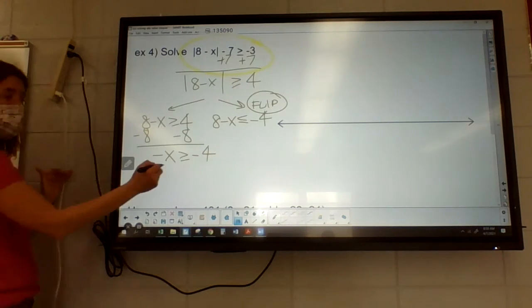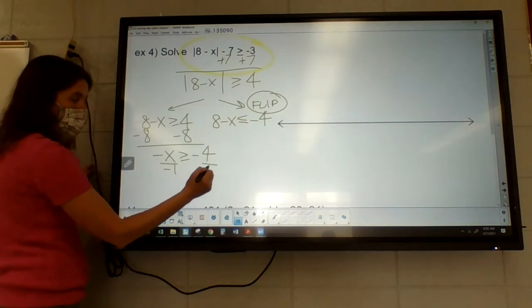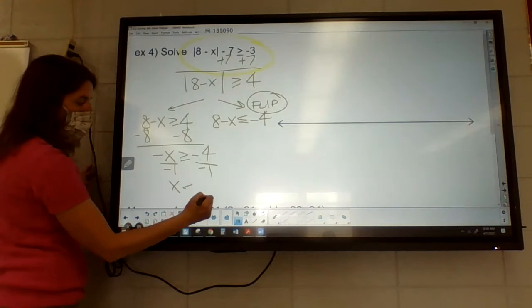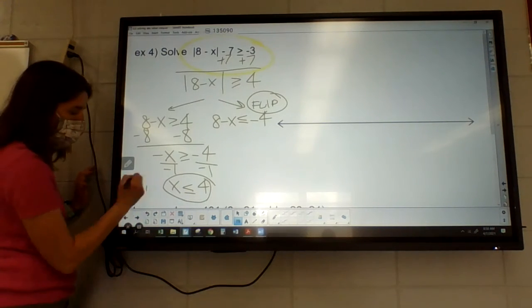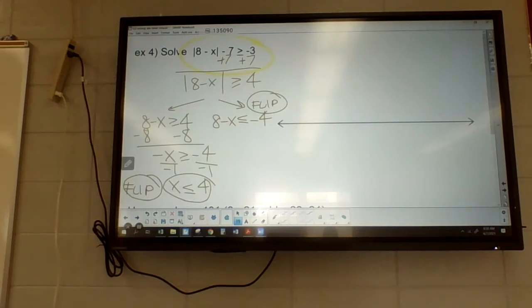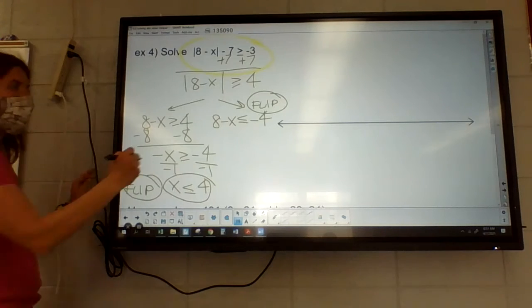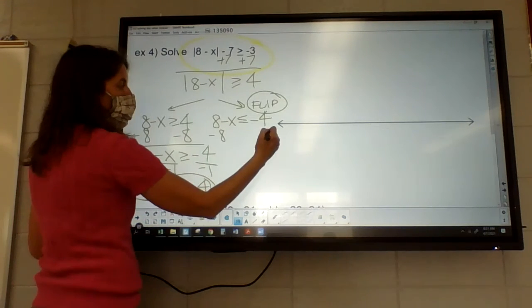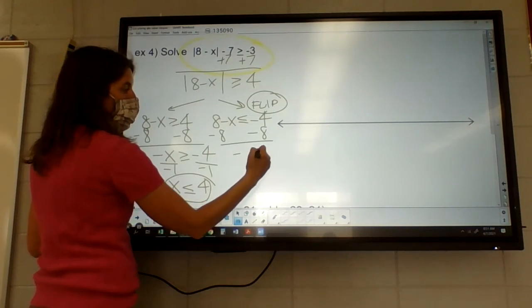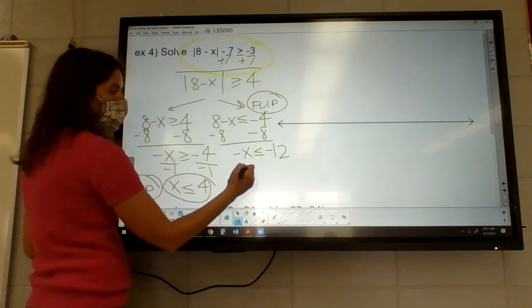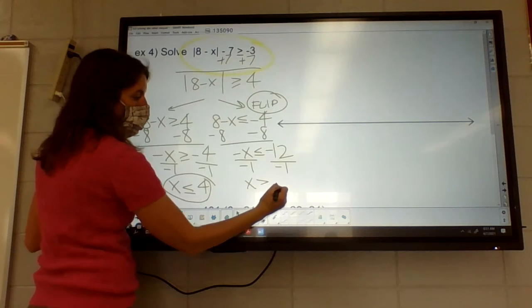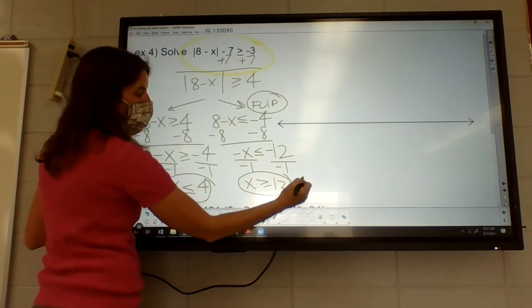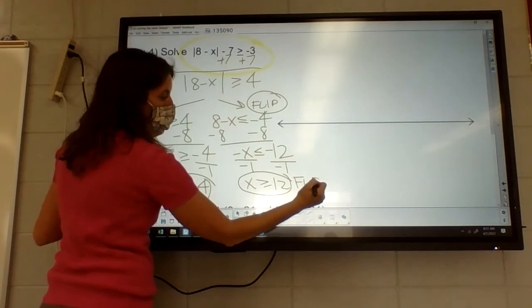I'm going to have to flip the inequality again. And I promise there won't be this much flipping of the inequalities in your homework. I just tried to pick some that were tough here. So we had to flip again because we divided by a -1. And here too, we divided by a -1.